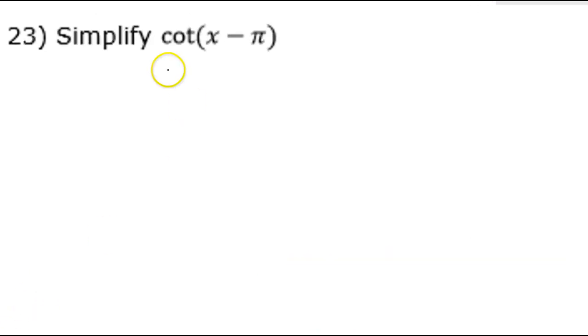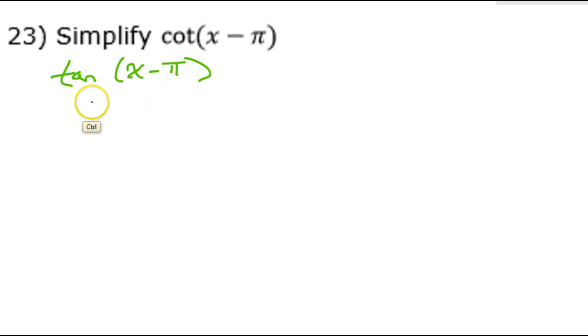Okay, time for a simplify problem. So I'm going to start by doing the tangent. I'm going to do the tangent of x minus pi. And then whatever I get, because it's really cotangent, I'm just going to do the reciprocal.